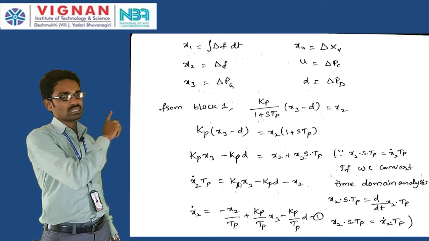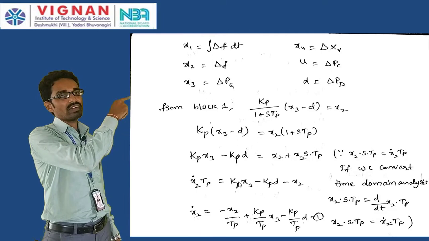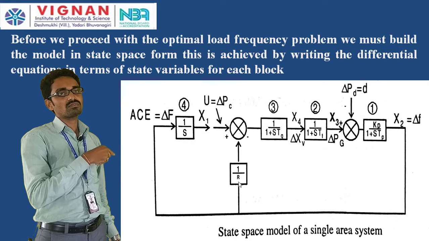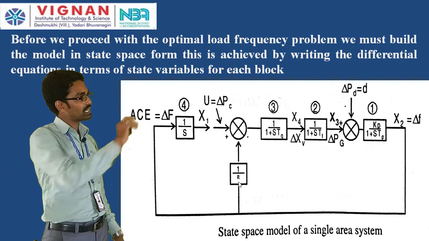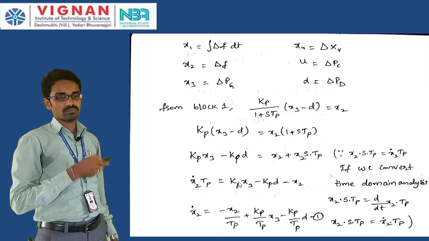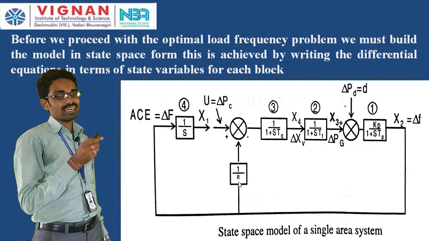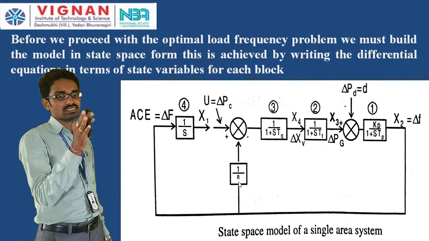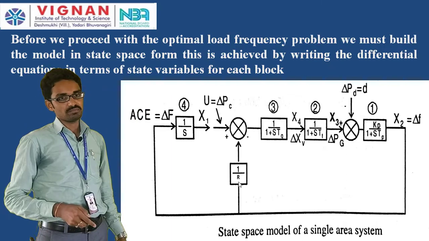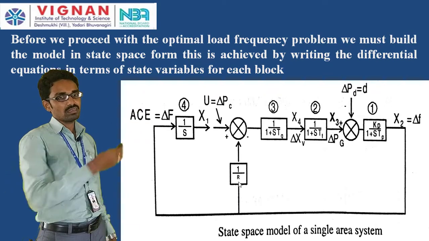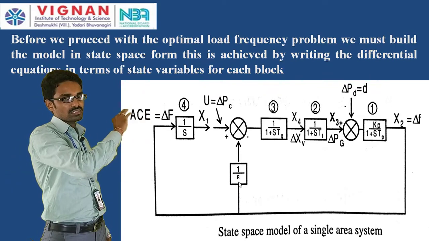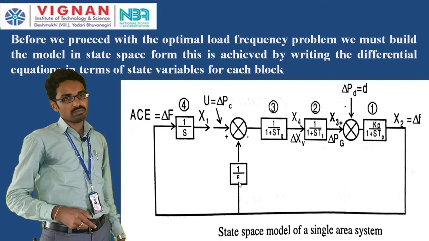So I have written x1 is equal to integral of delta F dt, and x2 is nothing but your output, delta F. And x3 is nothing but delta Pg. Before the power system block you have a summator, and before that summation you have delta Pg.